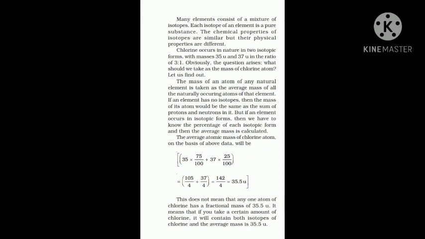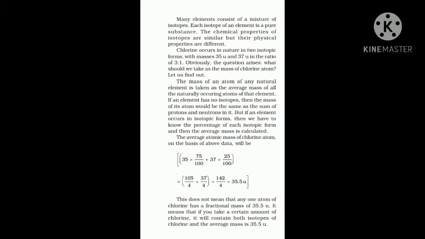The question arises, what should we take as the mass of a chlorine atom? Let us find out. The mass of an atom of any natural element is taken as the average mass of all the naturally occurring atoms of that element.